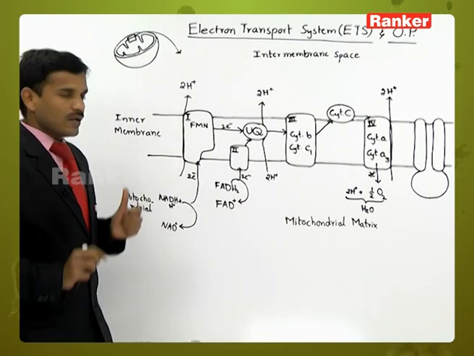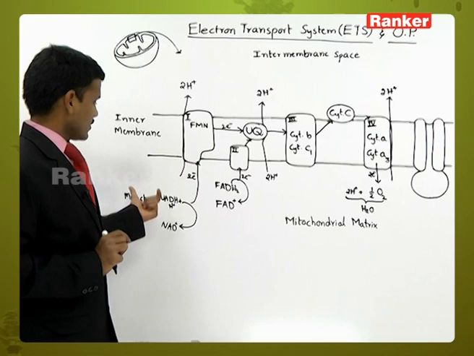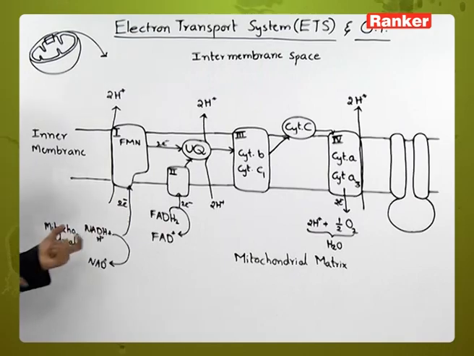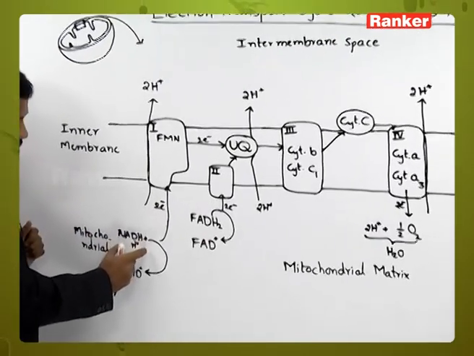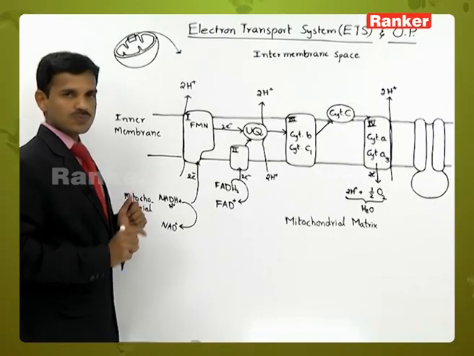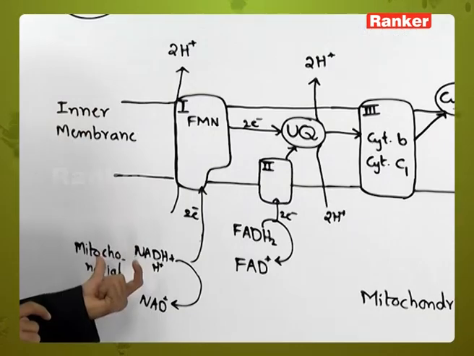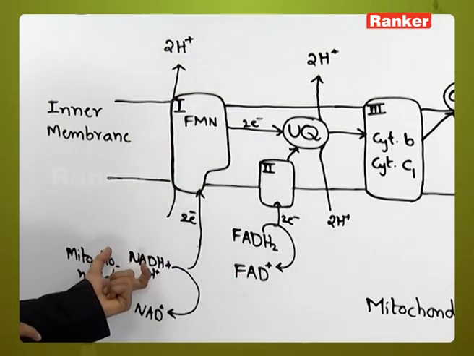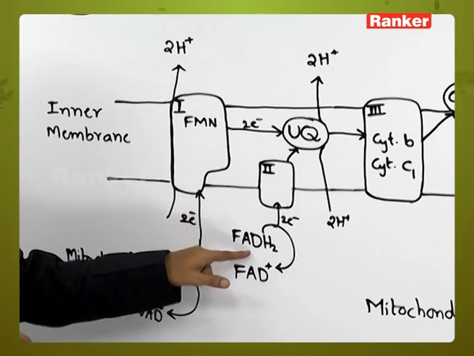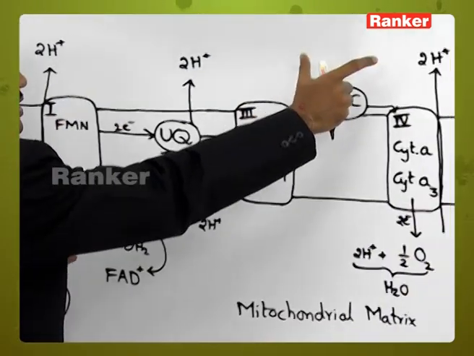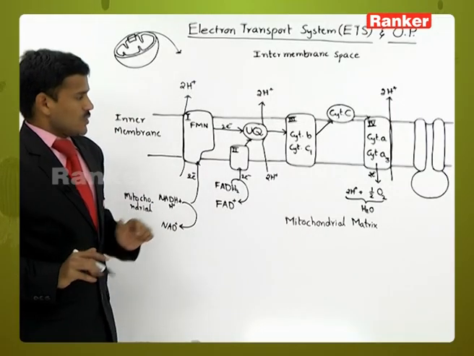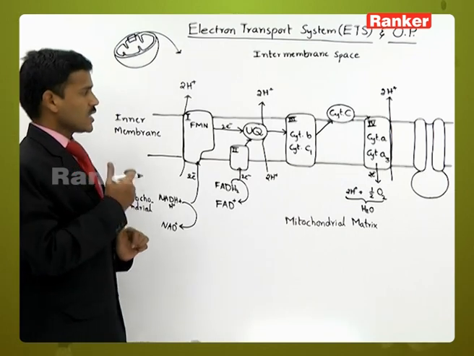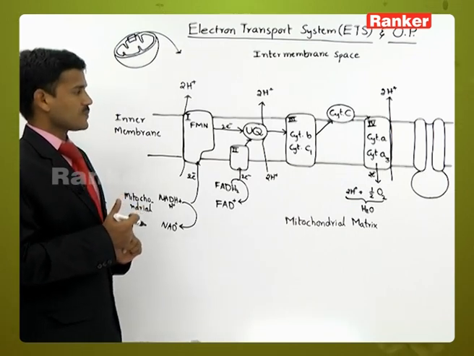So based on the material which is oxidized in the electron transport system or oxidative phosphorylation, NADH2 or FADH2, the number of protons translocated depends on this compound. NADH2 oxidized, 6 protons; FADH2 oxidized, 4 protons are translocated. So a total of 4 enzyme complexes are involved in the electron transport system.